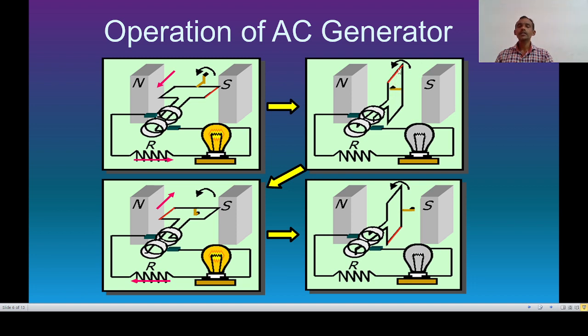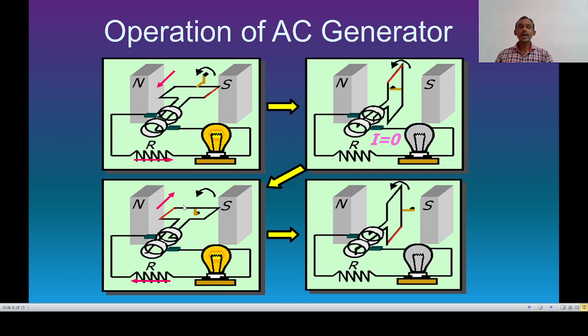At this condition, no EMF will be induced, because the motion of this segment is parallel to the direction of the magnetic field. Therefore, no current is flowing in this circuit, and the bulb does not glow here.